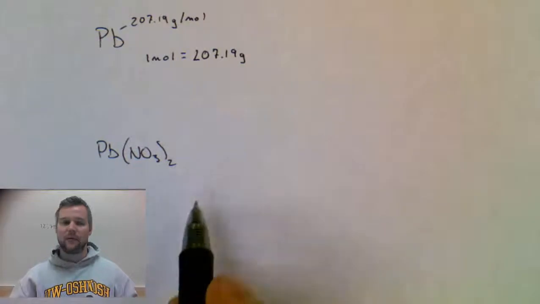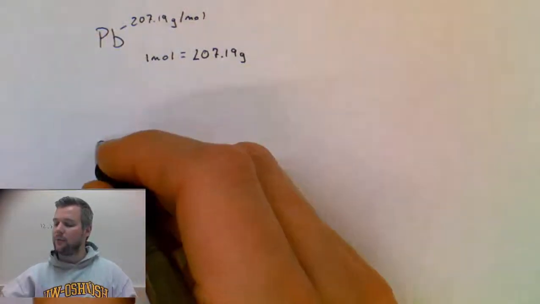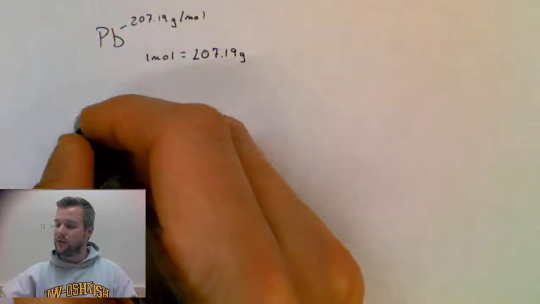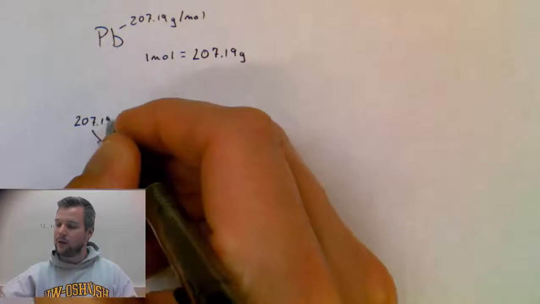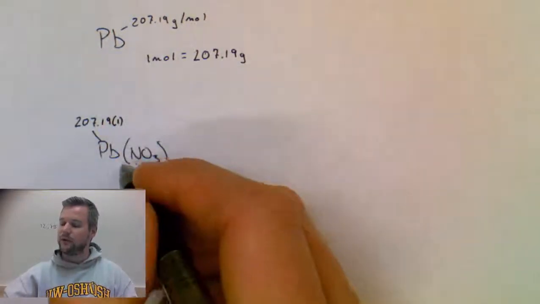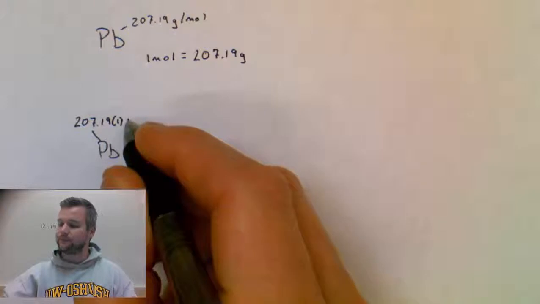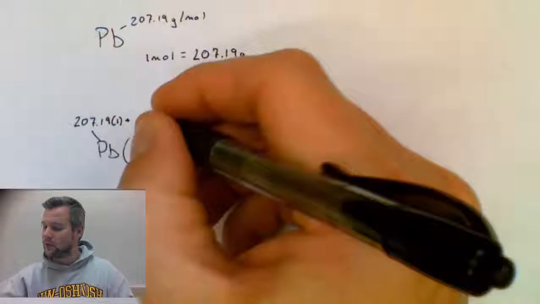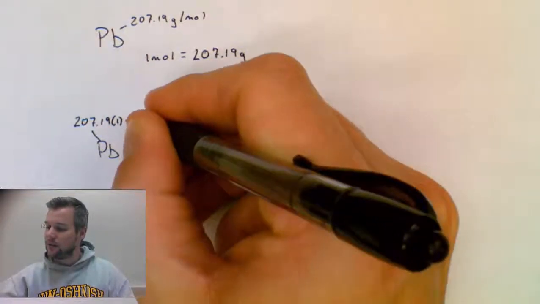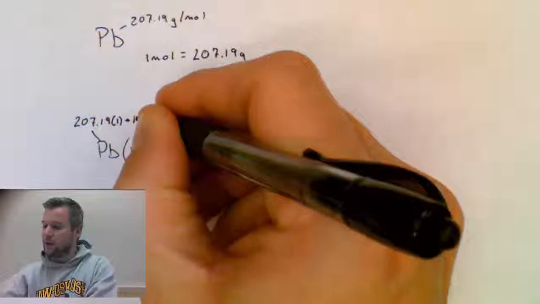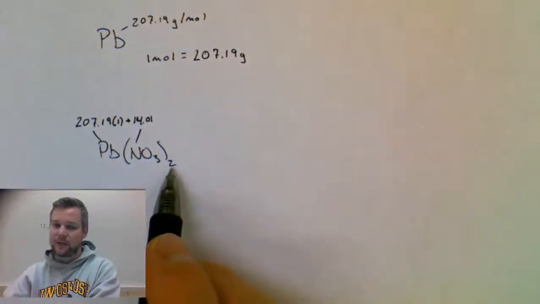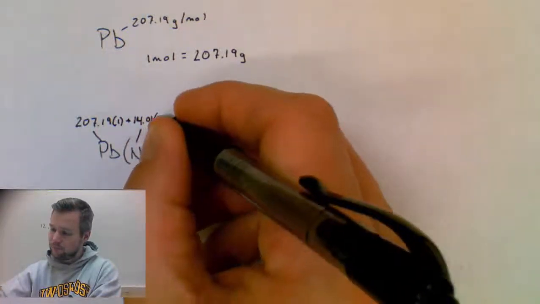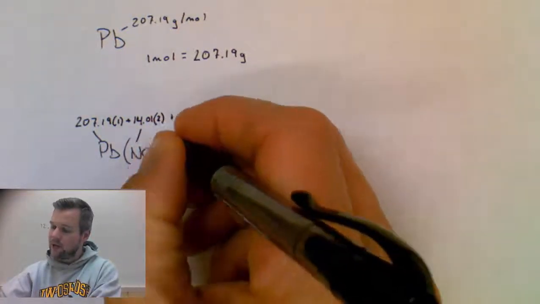For a compound, I have to do a little bit more work, but I'm going to use the same principle. I'm going to use the atomic masses of each of the atoms. So lead weighs, again, 207.19. There's only 1 copy because there's no subscript. So I'm going to look up nitrogen. And if I look at nitrogen, it weighs 14.01. So plus 14.01. But then there's 2 copies because the 2 gets distributed into the 3 and to the N. Plus oxygen's mass.